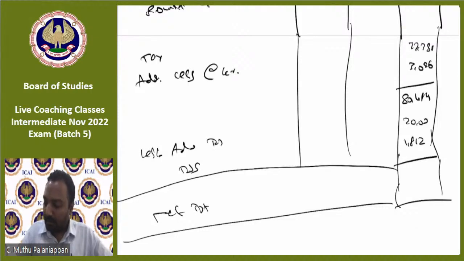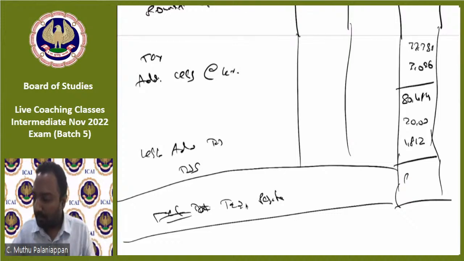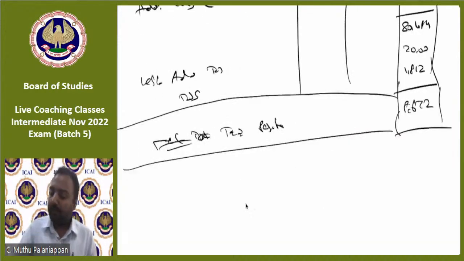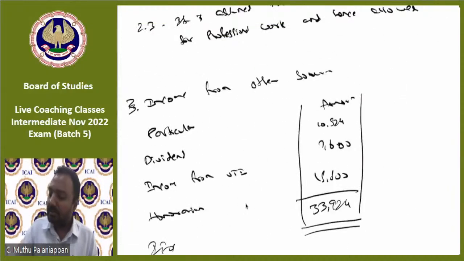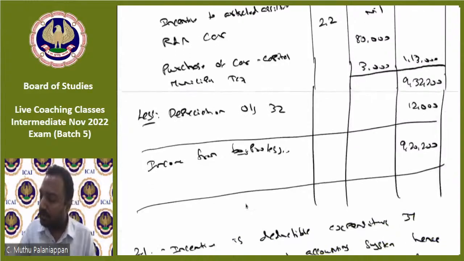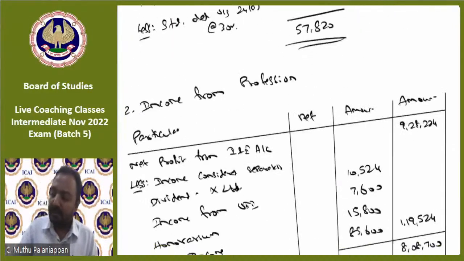So net tax payable will be 80,484 minus 70,000 minus 1,812. So it is 8,672. You can say this is only 8,672, whereas your actual tax payable in the regular portion is 45,793.